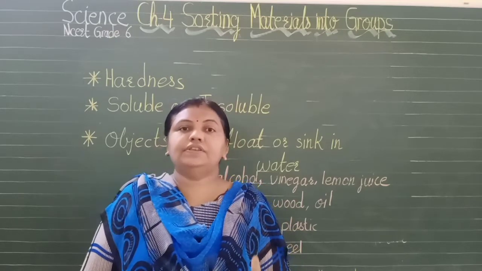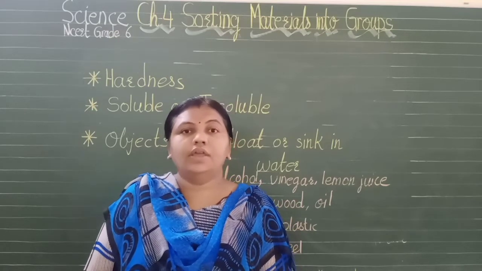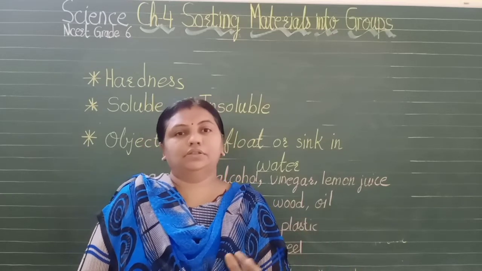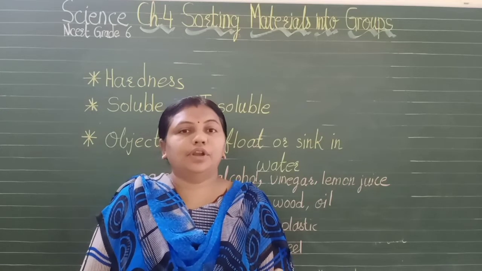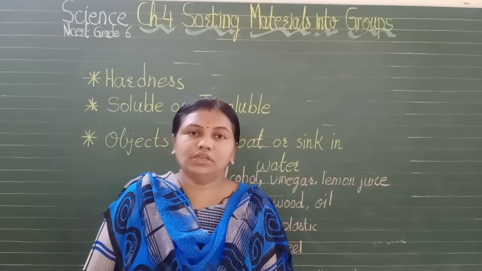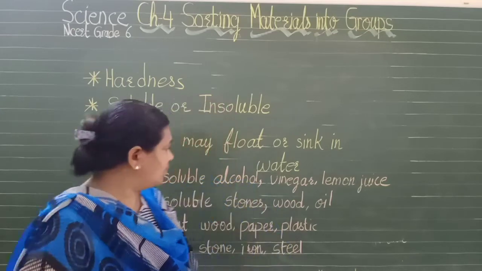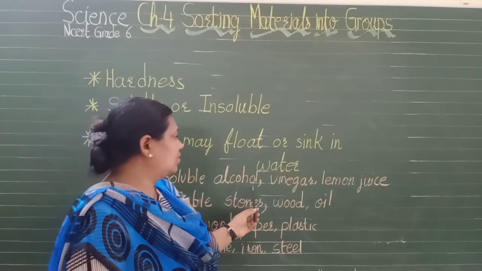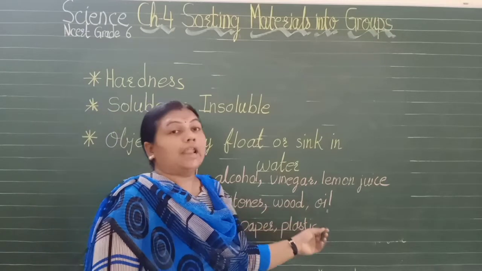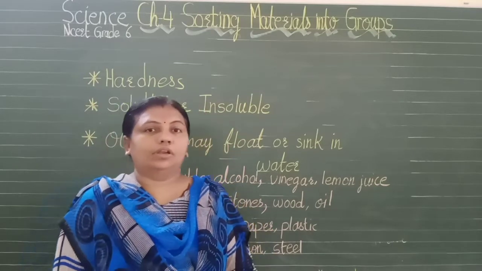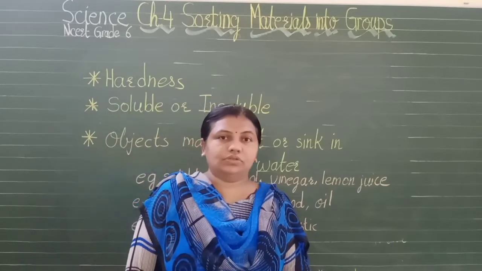So the things which dissolve, okay, which totally mix, are known as soluble substances. Yes, for example, sugar, then salt, all these are soluble. And some more examples I can give you, that is alcohol, vinegar, lemon juice. Yes, when you add lemon juice in water, you cannot separate the lemon juice, isn't it?